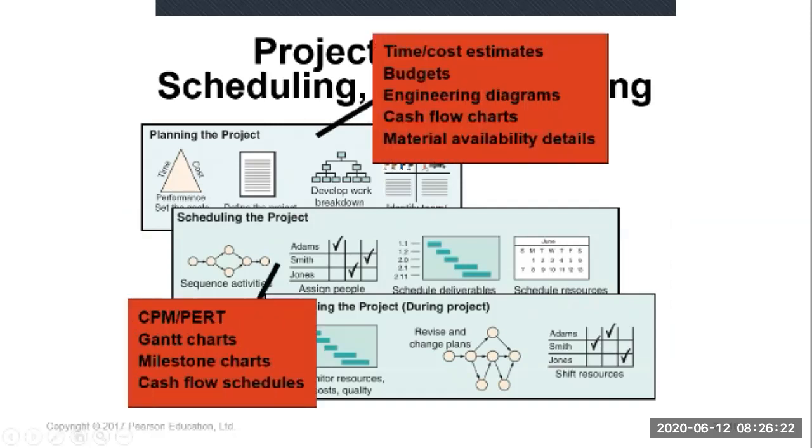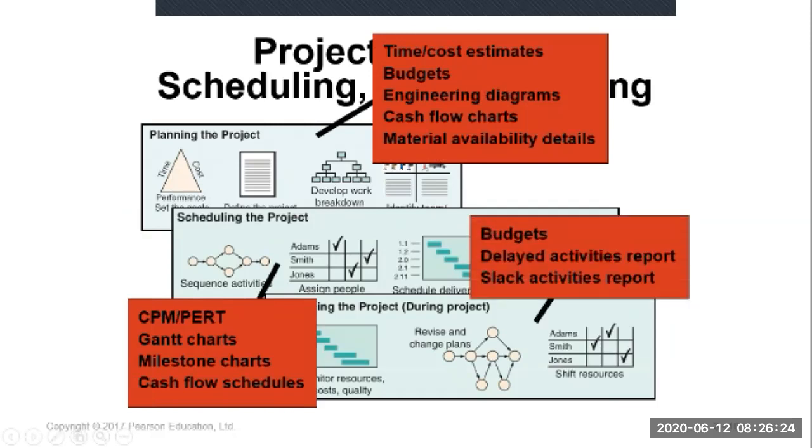These are the tools that you need during each project and each activity. During planning, you need to estimate time, budget, and engineering diagrams. You need to be familiar with the cash flow chart and material availability. We call these tools, to help you during each activity.